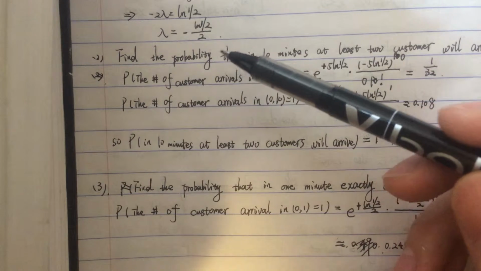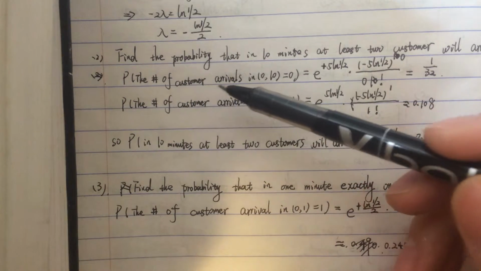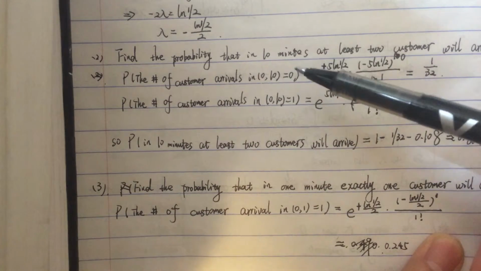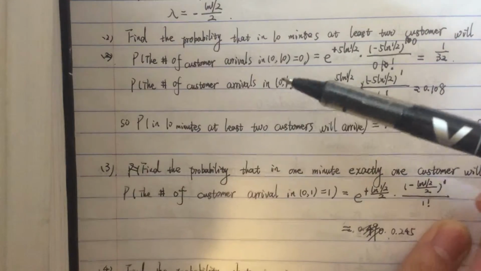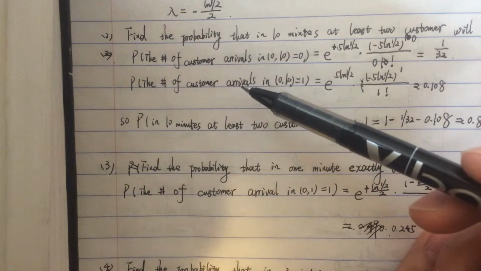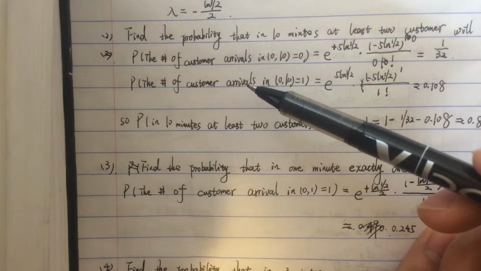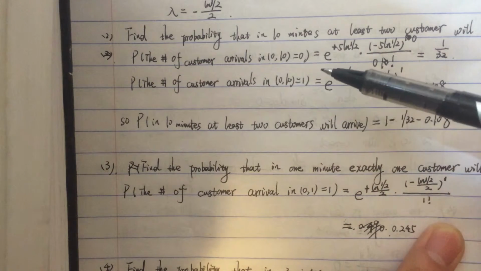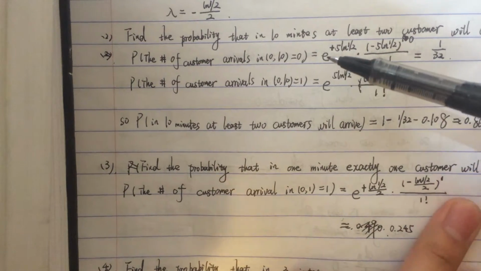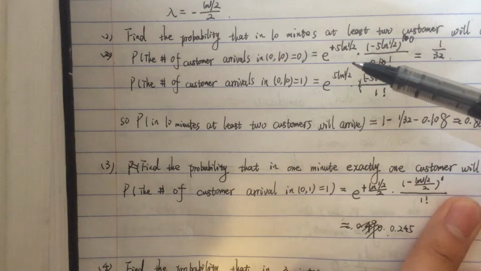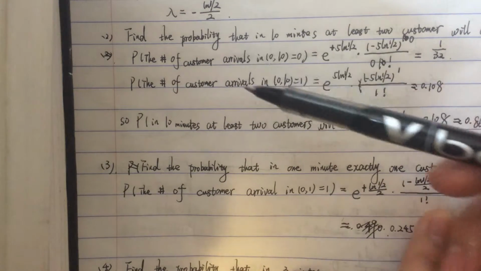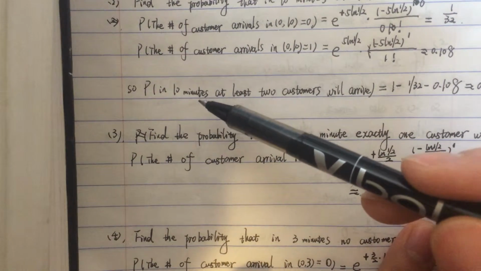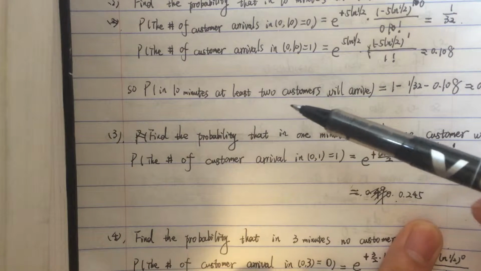The first is that the number of customers arrived in 10 minutes is none, there's no customers arrive, and the second probability is that the customers arrived in 10 minutes will be 1.